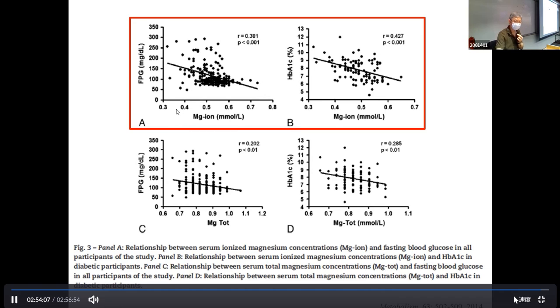As I said, you can measure total magnesium or ionized magnesium, but usually ionized magnesium is the key of the magnesium biological effect. Again, you can see an inverse relationship. That means the higher the magnesium level, the lower the blood glucose and the lower the HbA1c value.